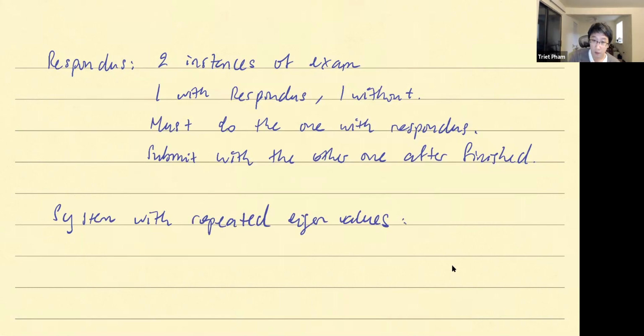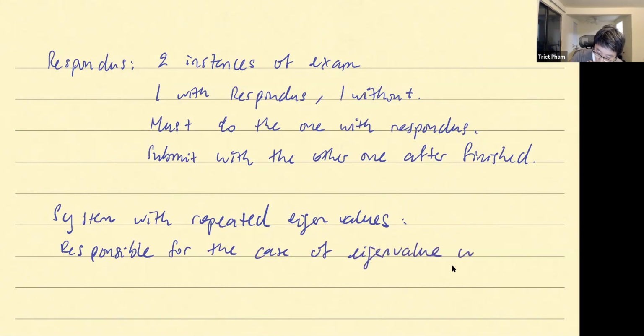What you are responsible for is the case of an eigenvalue with multiplicity 2. This can happen either 2 by 2 or 3 by 3.